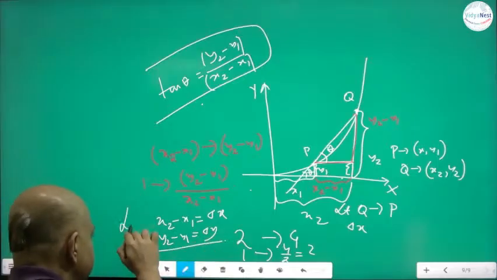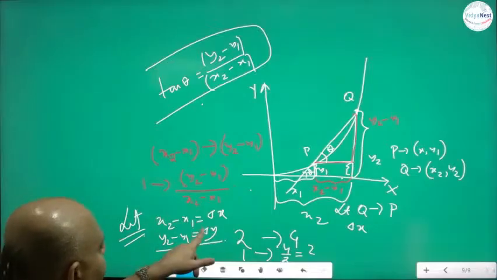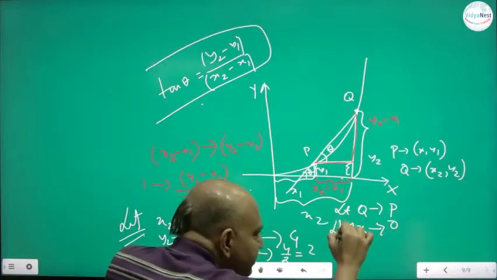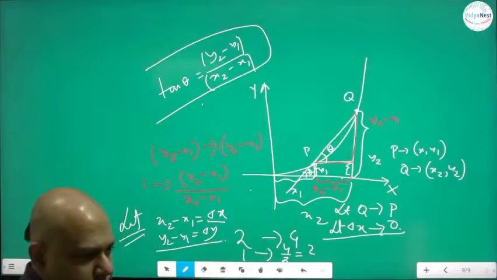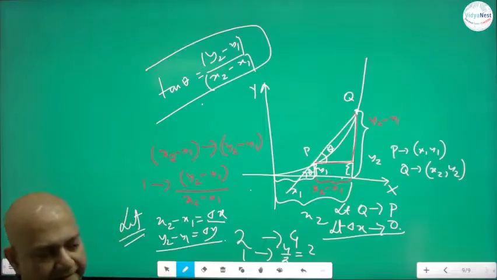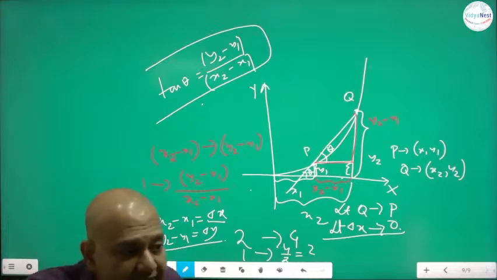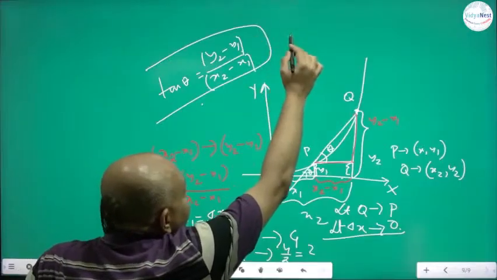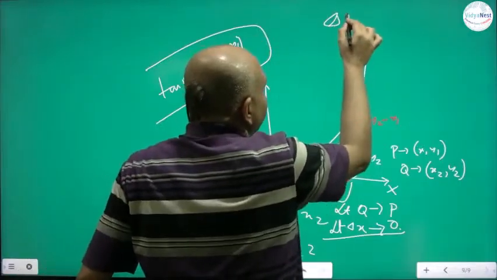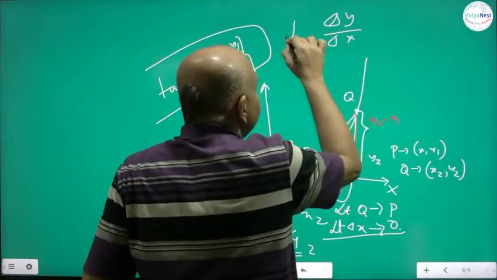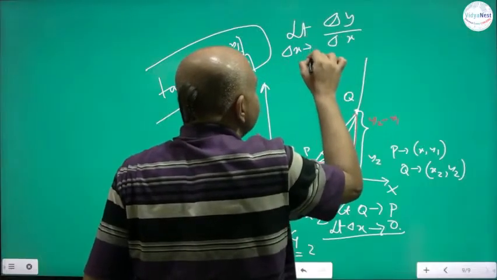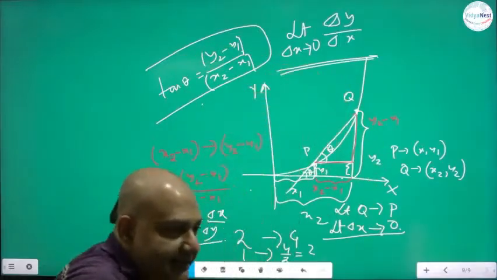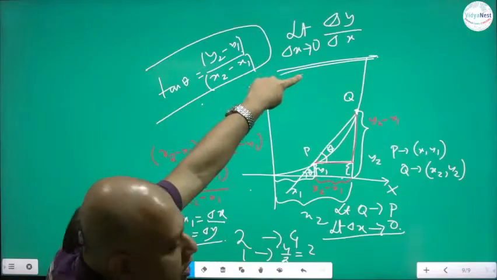Then x2 minus x1, delta x will become extremely small, will tend to 0, limit delta x tending to 0. Isn't it? Then this ratio, which ratio? This ratio, y2 minus y1, I can tell delta y by delta x, limit delta x tending to 0.